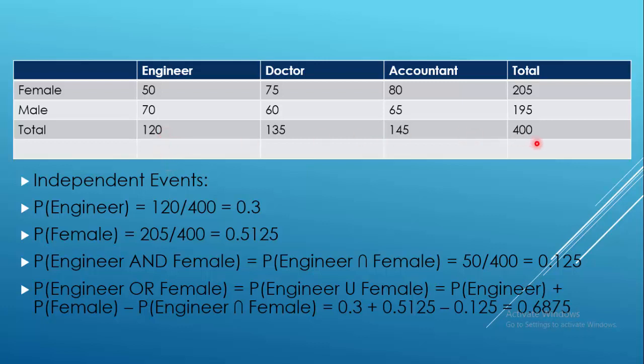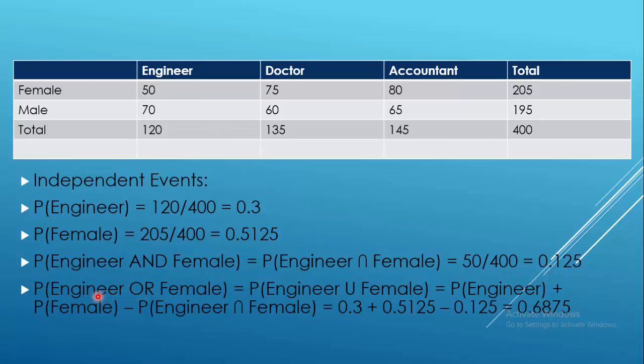Probability of being a female is simply total number of females divided by 400, which is equal to 0.5125, and being engineer and female both is simply 50, because this is the number of female engineers. So it is 50 divided by 400, 0.125.